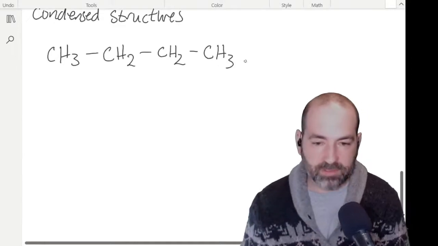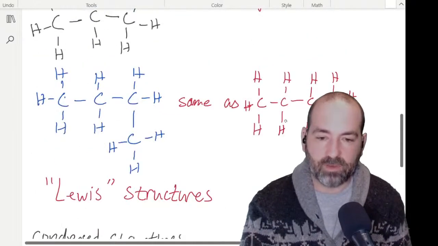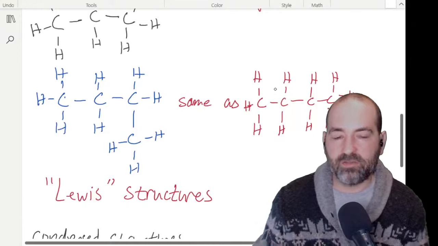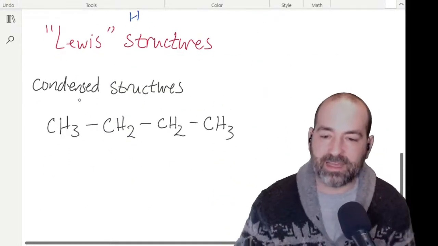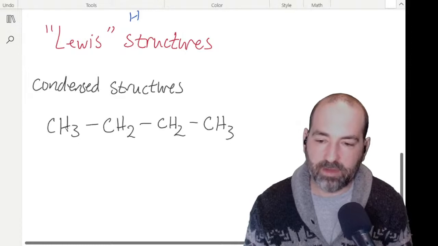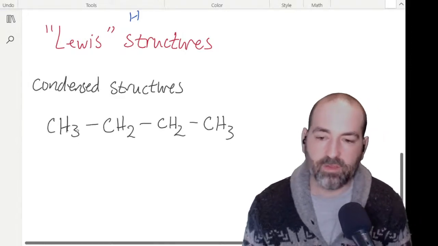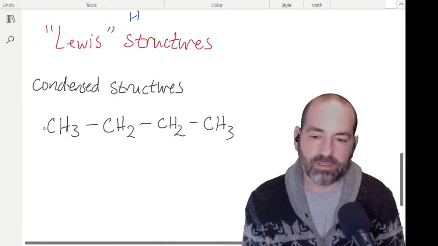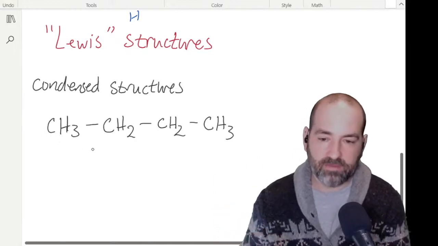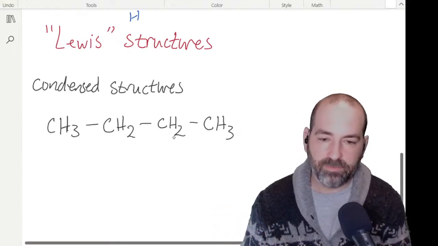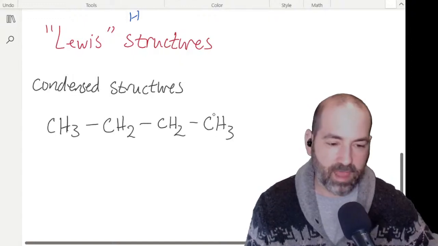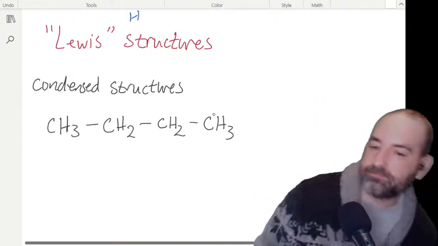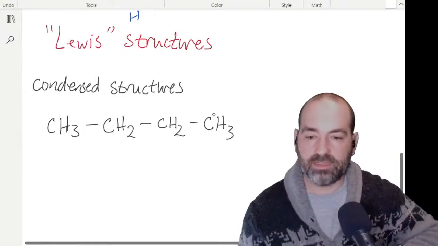All right, so that's the same structure as this one, but instead of drawing a line for every single hydrogen, we condense the hydrogens down on each carbon and write them after the carbon with the number of how many there are. So this is a carbon with 3 hydrogens coming off of it. This is a carbon with 2. This is a carbon with 2. And this is a carbon with 3. So in that way, we can express the structure in a more condensed fashion.